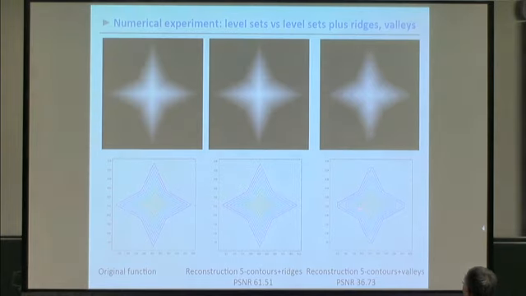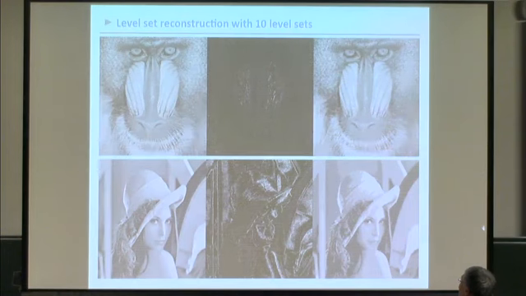But if you only use the valley information, you only get 36. It depends on the curvature of this, in effect. The smaller the curvature, you have less effect. So the question is how to extract such information. That's a different matter.